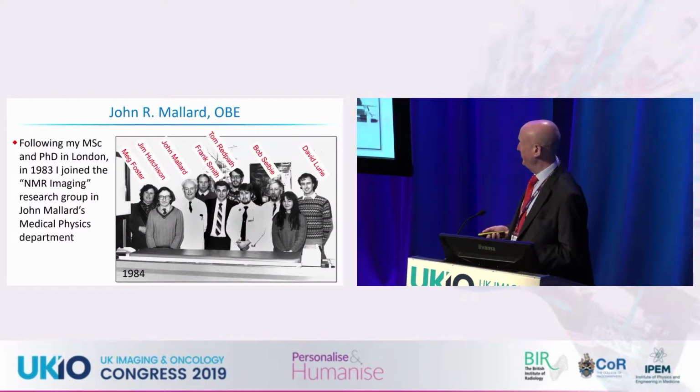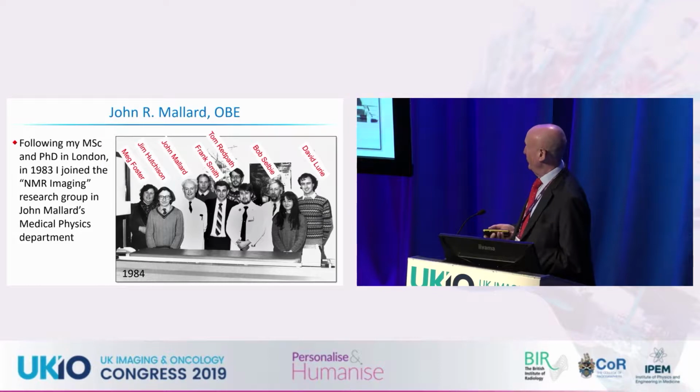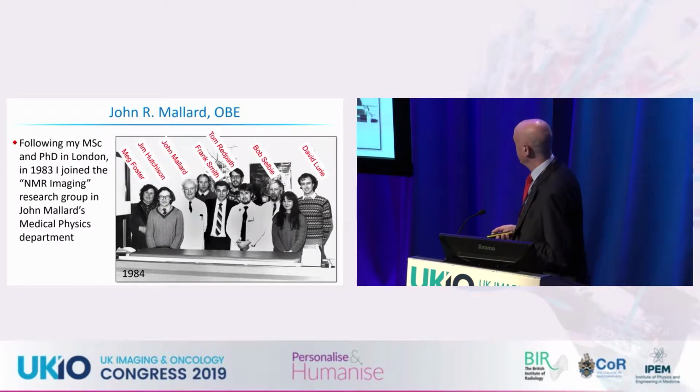I joined in 1983, joined the NMR imaging group, because it wasn't called NMR, it wasn't called MRI yet, still had the nuclear word. I joined for 9 months, in fact, in 1983 and stayed for 36 years. So that's the group in 1984. There's John Mallard, there's Jim Hutchison, and there's me at the end, sporting a prototype Scandi Noir jumper.